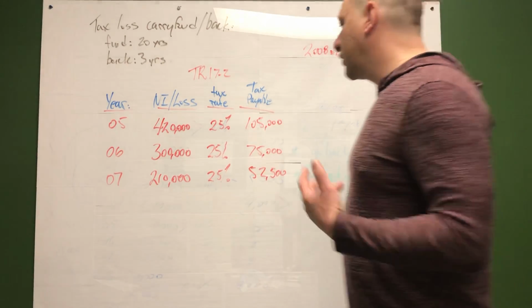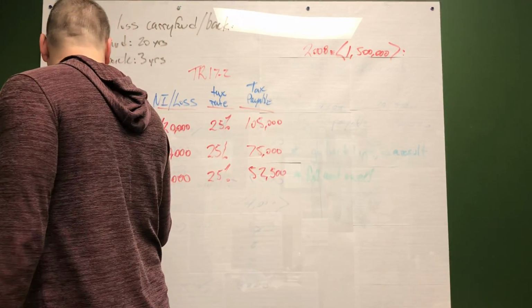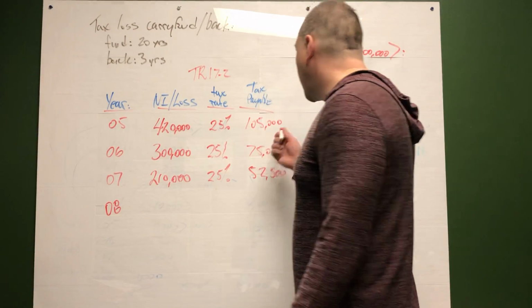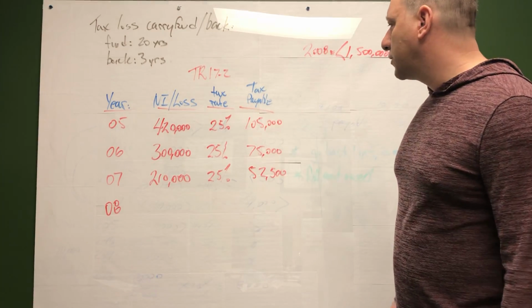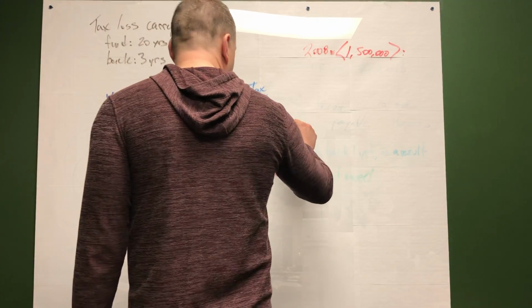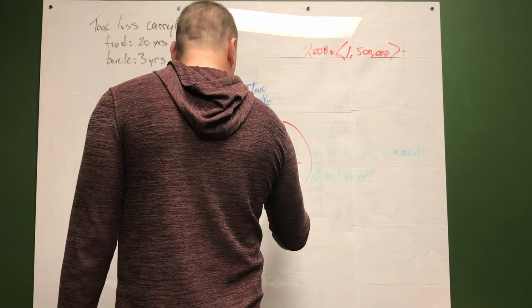So the first thing we're going to do for '08 is go back and get our '05 tax payable back. So in '05 we paid tax payable of 105. Now we're going to get that back as a refund.